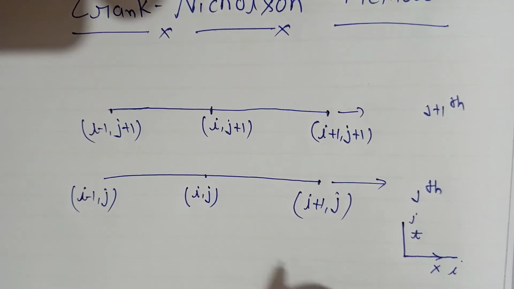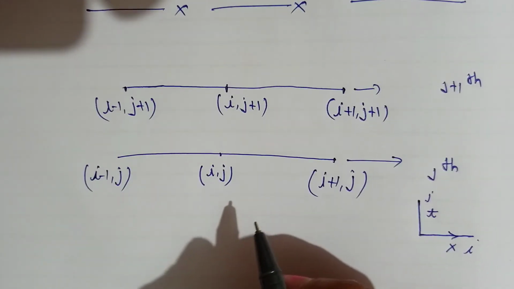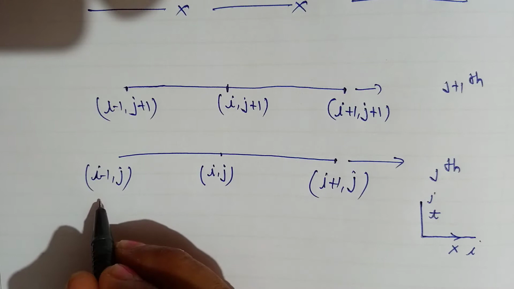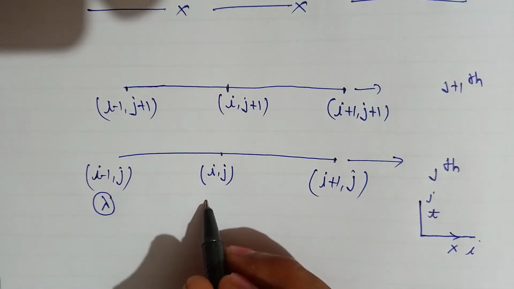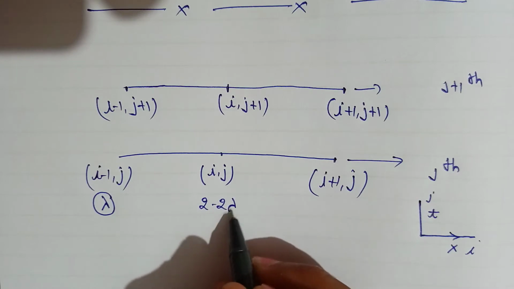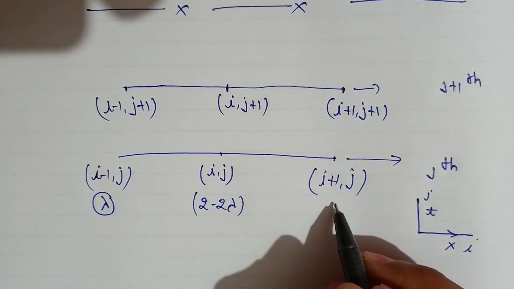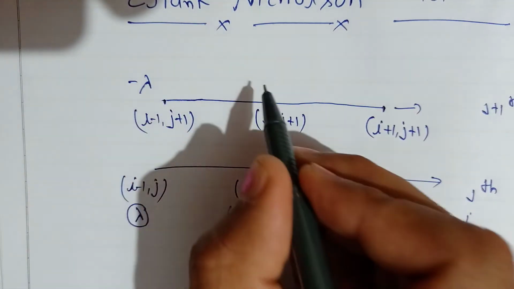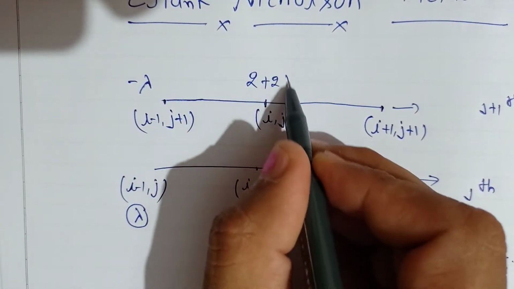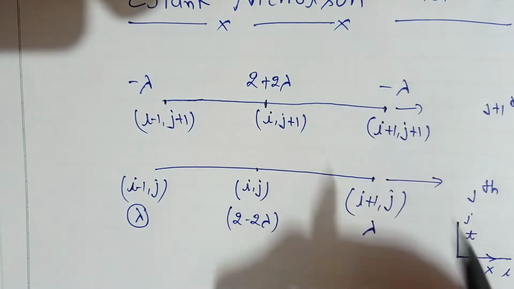Then the coefficients I'll write here: lambda, and here 2 minus 2 lambda. I'll tell you what lambda is. Again here lambda, here minus lambda, 2 plus 2 lambda and minus lambda.